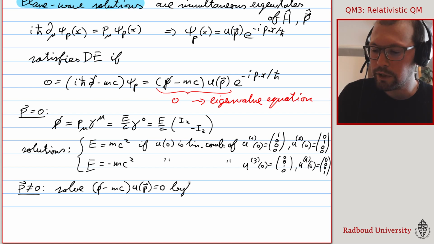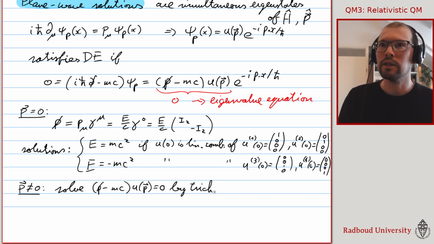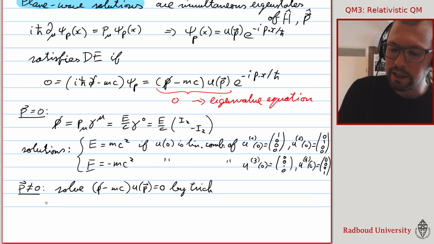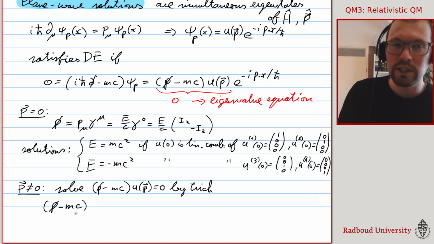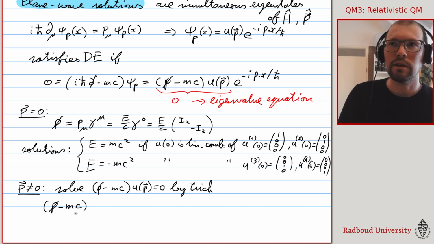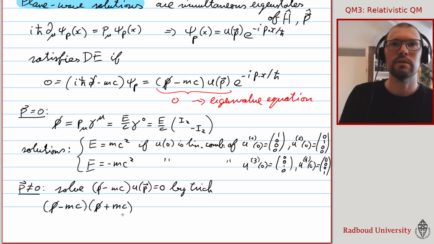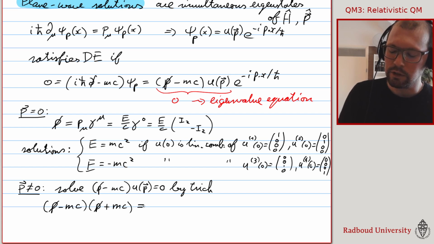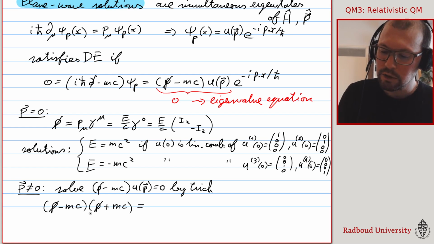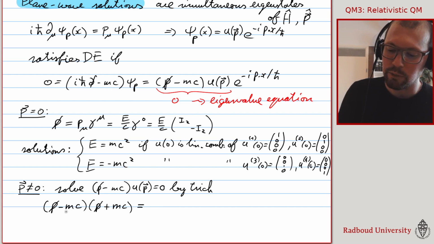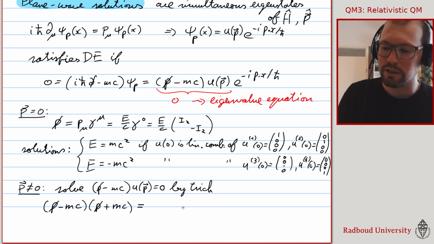And we can use a simple trick for this, namely that if I take this matrix p-slash minus mc and I multiply it by the matrix p-slash plus mc, then, well, you know what the outcome will be because you've looked at what p-slash times p-slash is in the exercises.